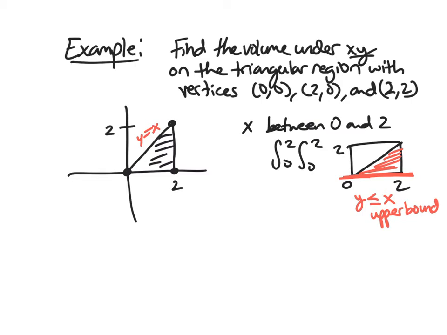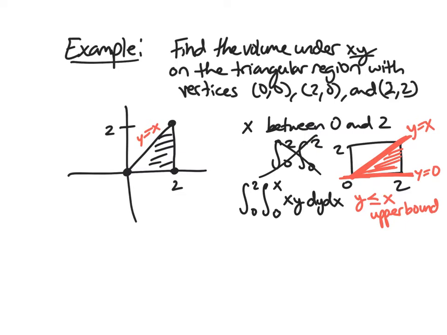And then when we look above, it's not looking at the highest point at 2, but rather looking consistently as you move along x to see what your upper bound is. So your upper bound is y equals x, and your lower bound is y equals 0. And so the real integral that we want is going to be the integral from 0 to 2 of the integral from 0 to x of xy dy dx.